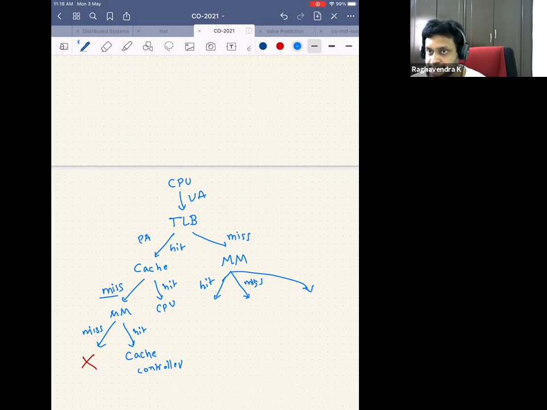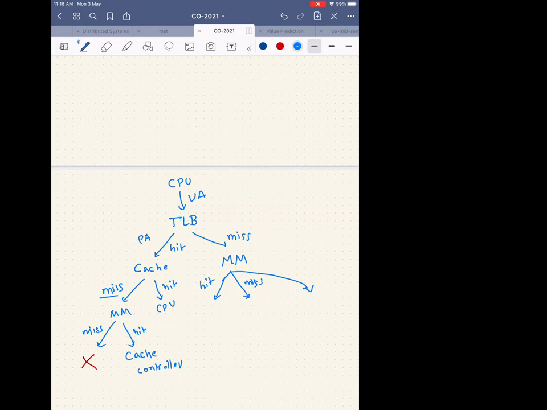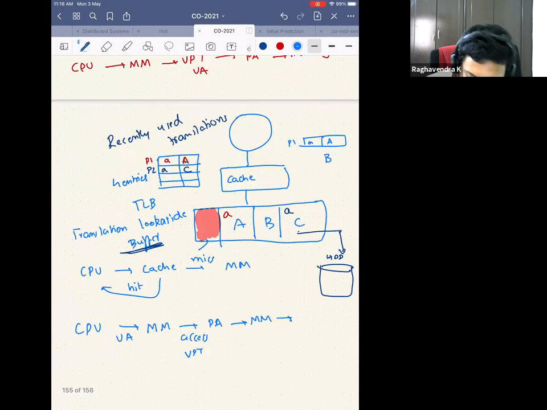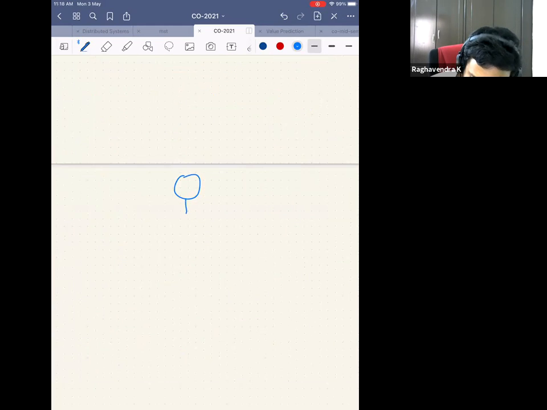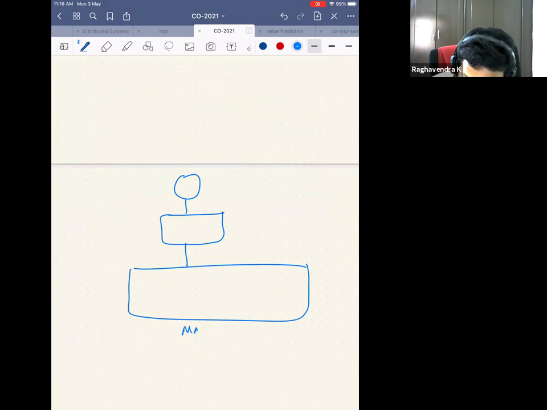Agreed? Yes, sir. Okay. So now let's just assume that there's only one process. Let's write down that case. Let's assume that there is only one process, and let's assume that the main memory is always reserved.